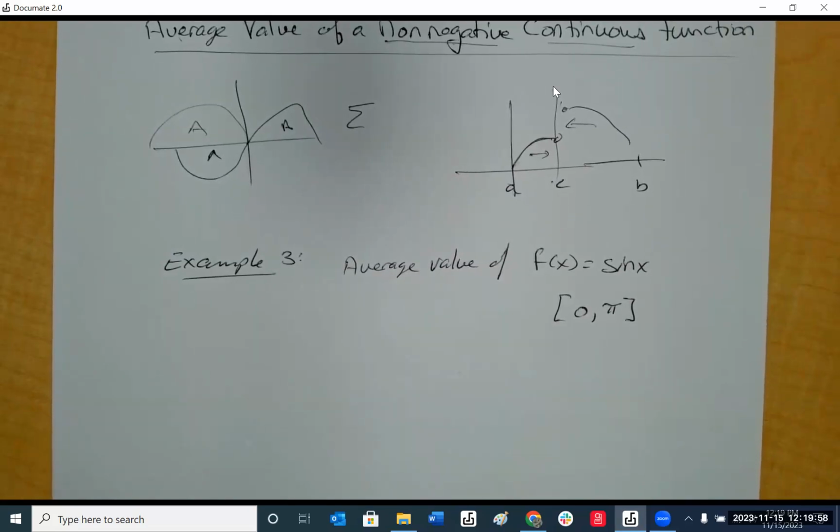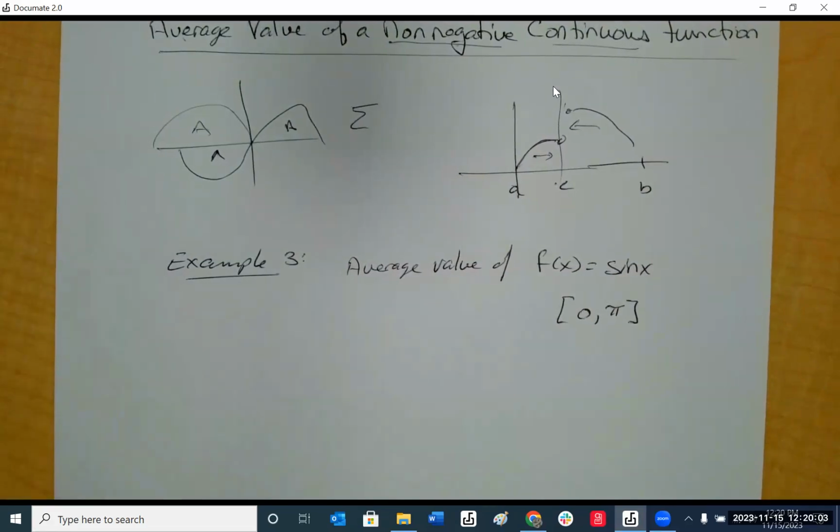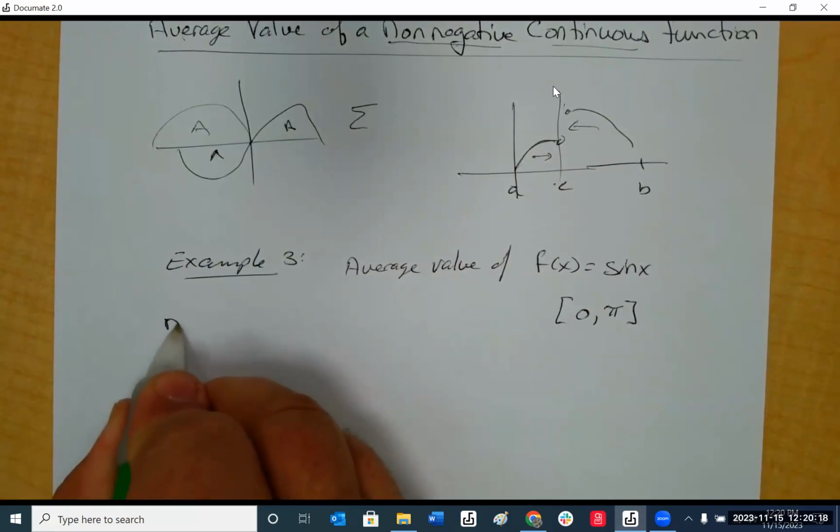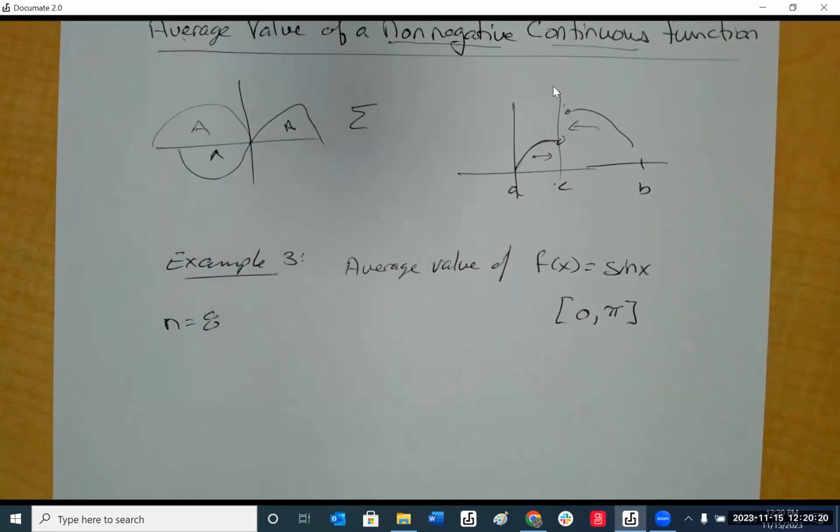Again, here we go again. We have to look at the number of intervals you want to have. The fewer the number, the more error you're going to have. So let's say we're going to deal with 8 intervals.